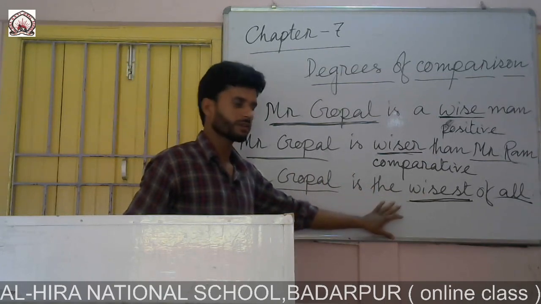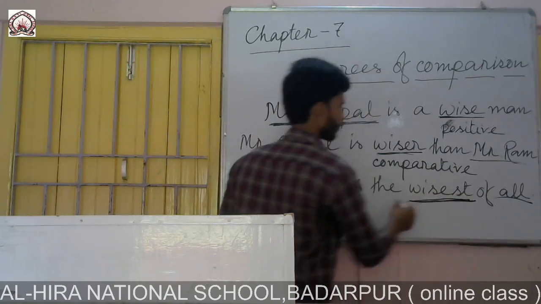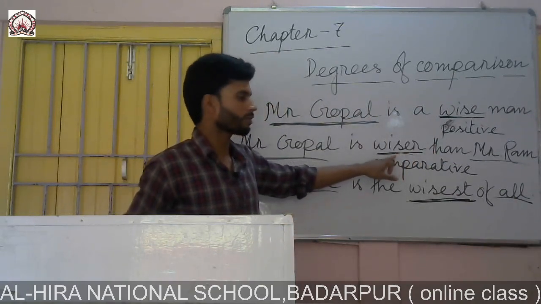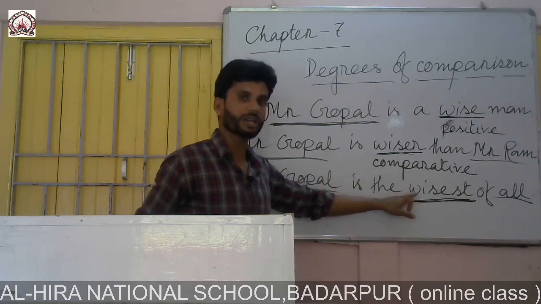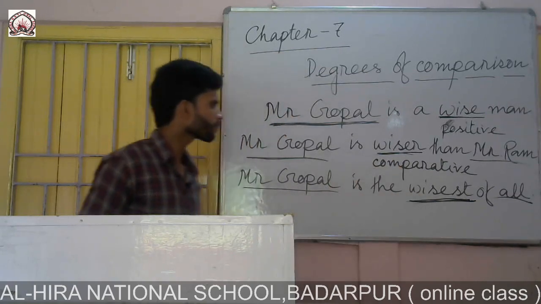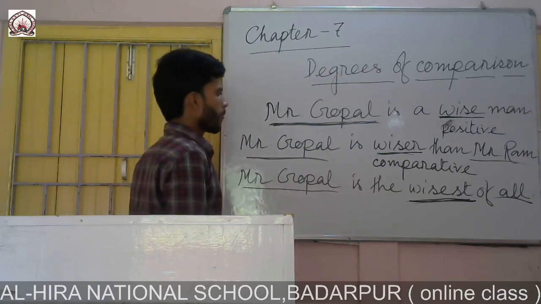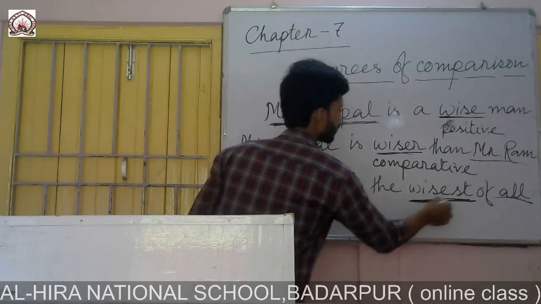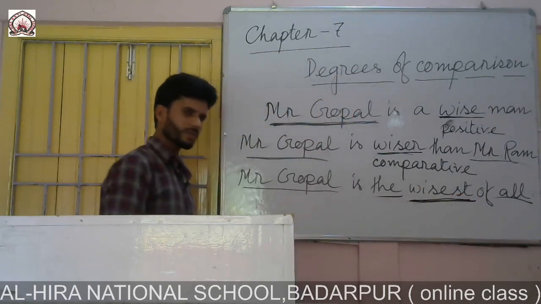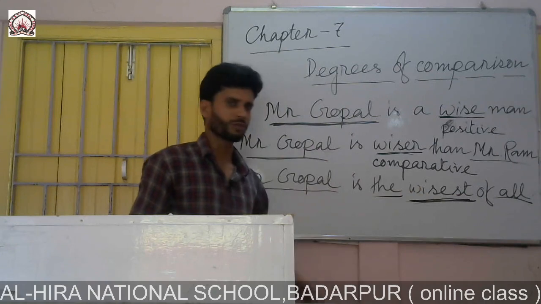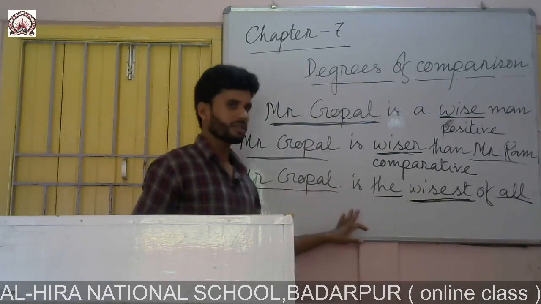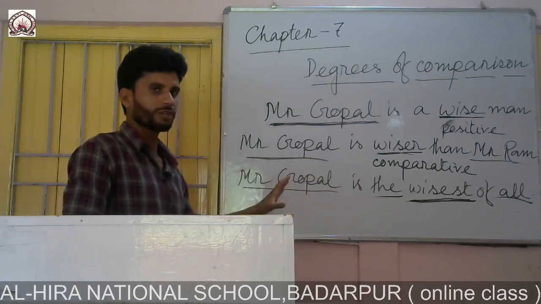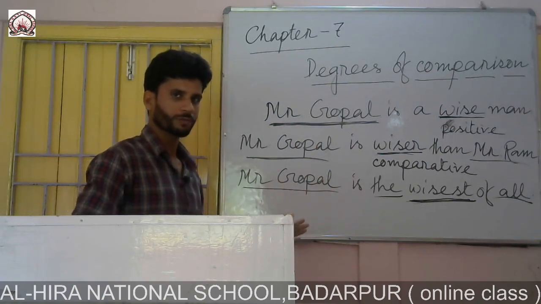So, this is superlative, wisest. The root word is wise, then the comparative is wiser, and the superlative is wisest. And you see whenever we use a superlative degree, we use this the before the superlative. So, this is all about the 3 degrees of comparison: positive, comparative and superlative.